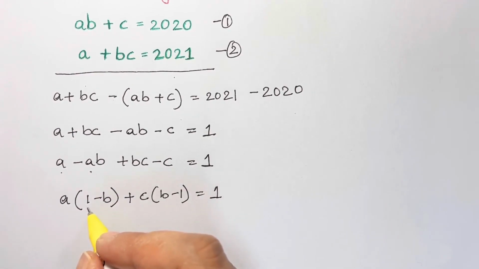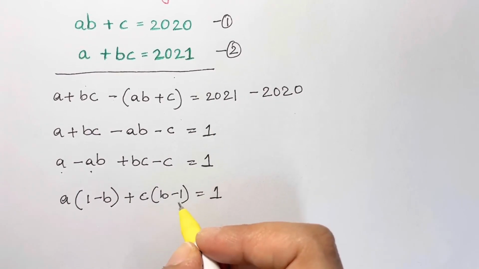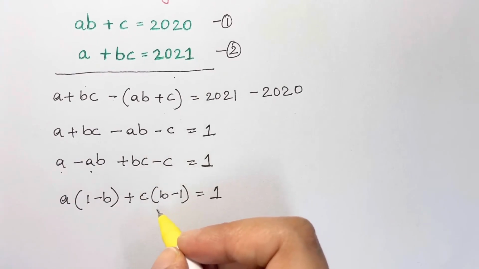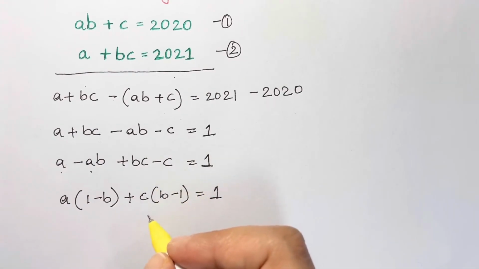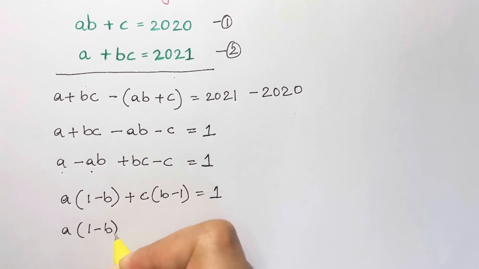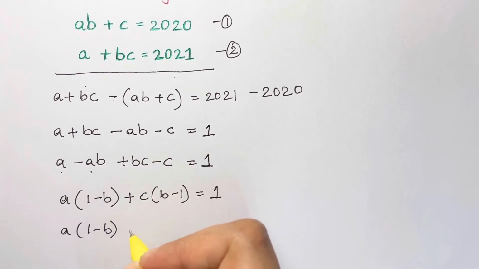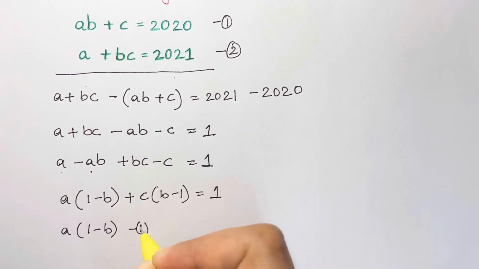Here I have 1 minus B and here I have B minus 1. They're not same. There's a difference of signs here. So let me make it similar to that. So I have A into (1 minus B). What I'm going to do is take minus 1 outside.